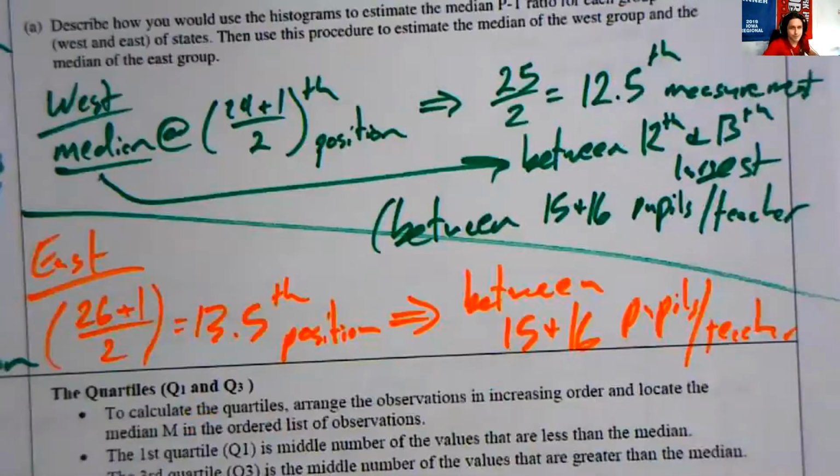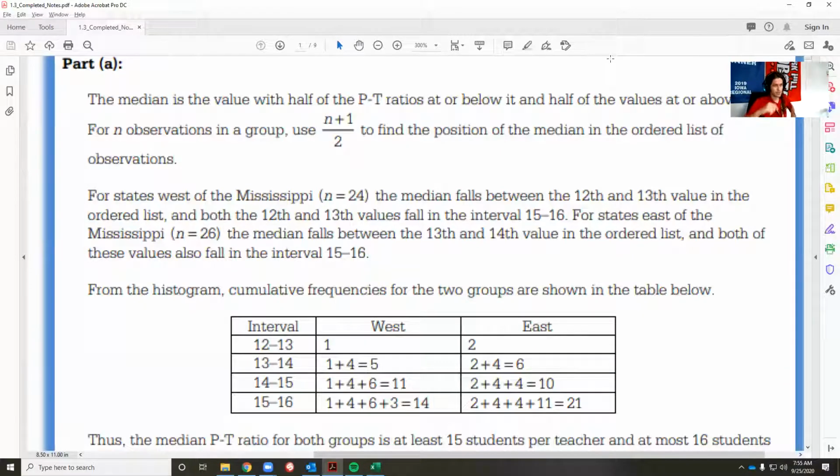As always, you can take a look at the key that I've put on your completed notes. It shows the cumulative frequencies. Cumulative, what does that mean? Cumulative, accumulate, adding up. We are talking about adding up the totals until we get past, oh, I miscounted on my notes.